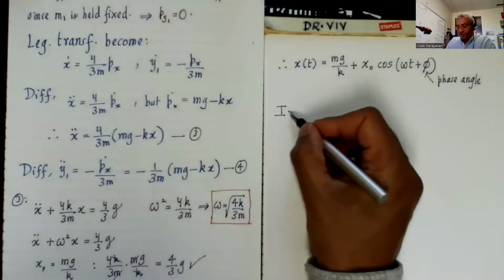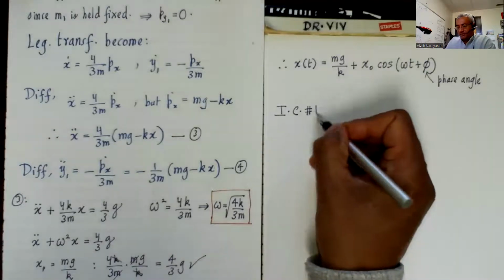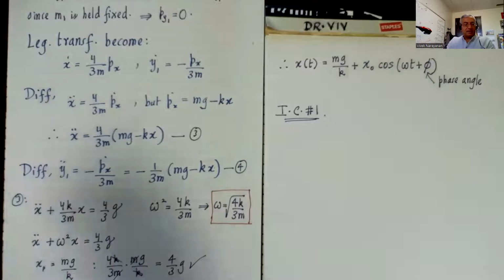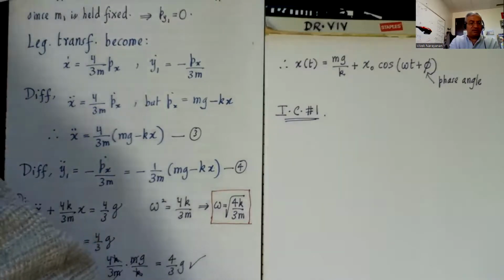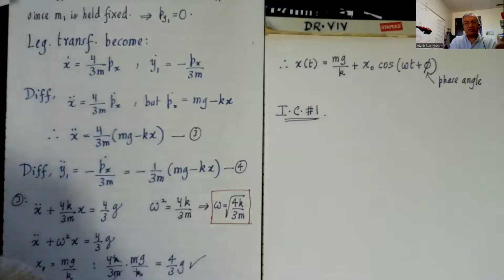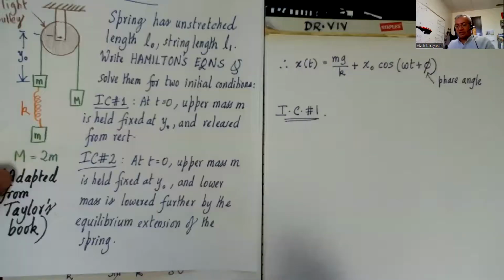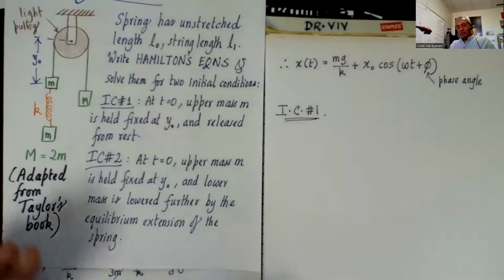Now, let's look at the initial conditions. I'm looking at the initial condition set number 1. Let's recall what that initial condition set is. At t equals 0, the upper mass m is held fixed at y naught. We already used that, and released from rest.